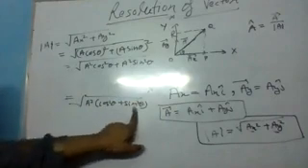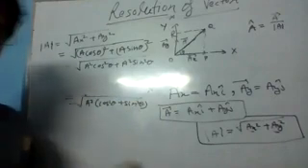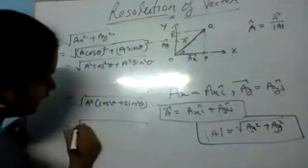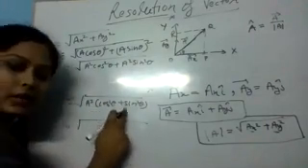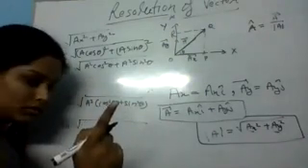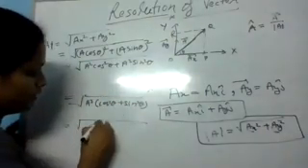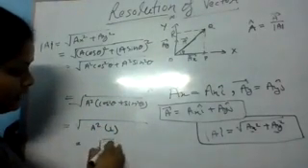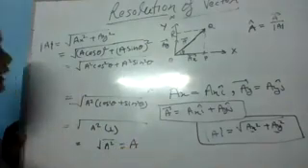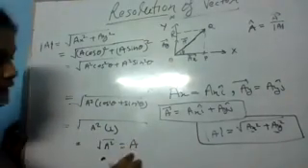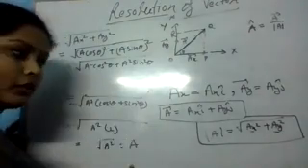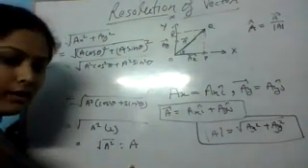What is the value of cos square theta plus sin square theta? 1. We know that the value of cos square theta plus sin square theta is 1. So A square multiplied by 1. So under root of A square equals A. Now you can see that mod A equals magnitude of A. So ये यहाँ से भी clear हो गया.